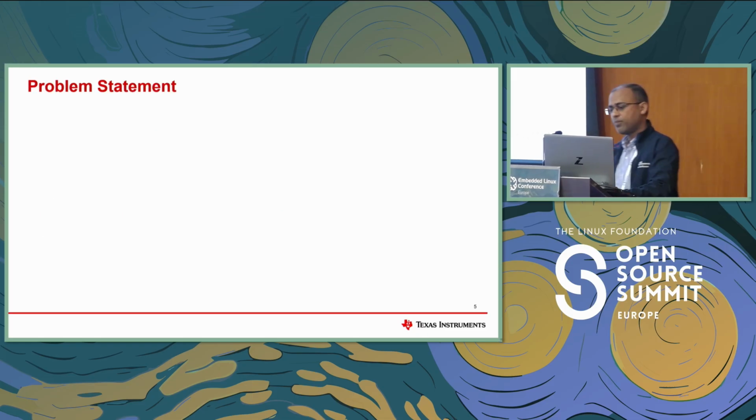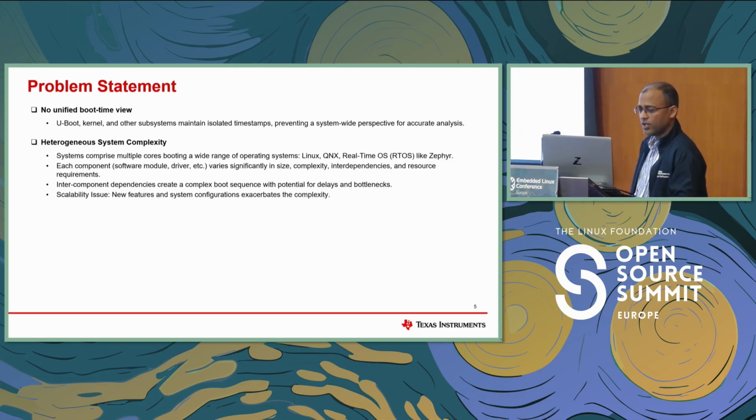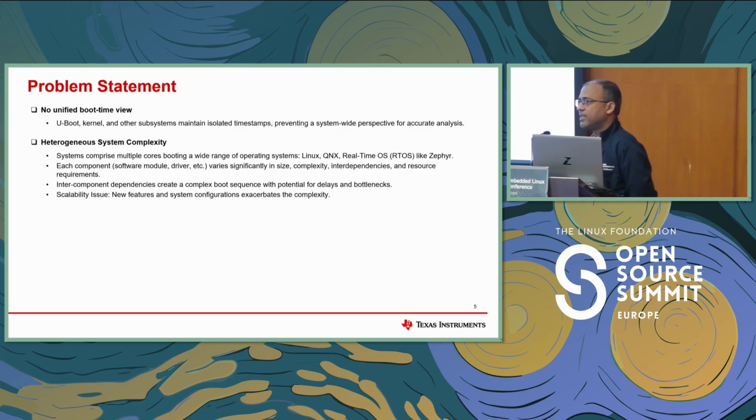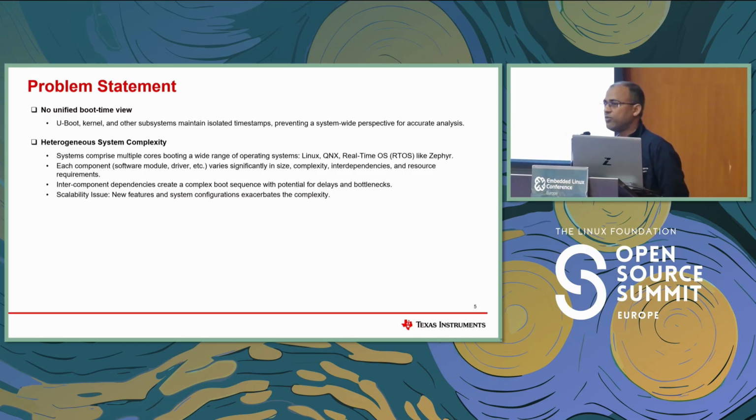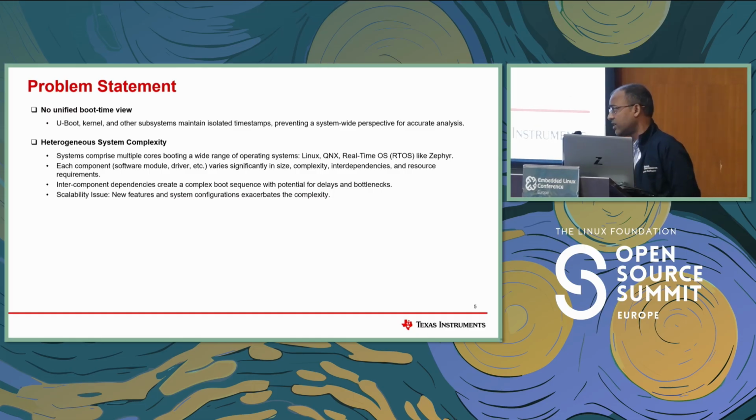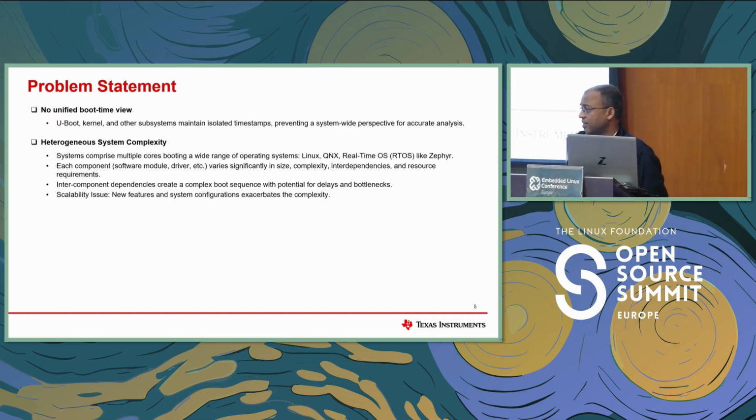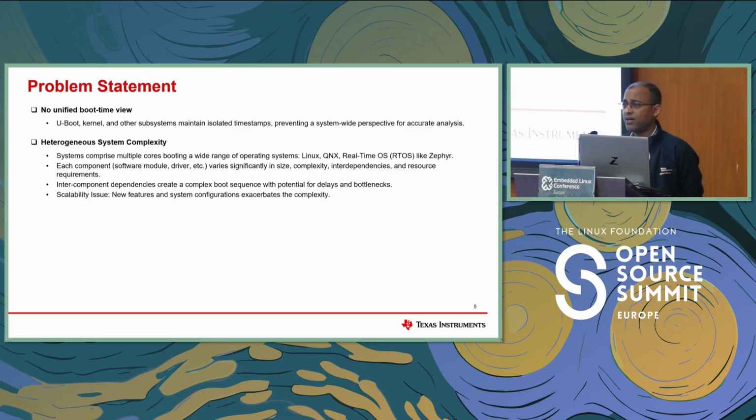Let's start with the problem statement. The first thing, as I said, is that there is no unified boot time view for your system. When you start your system, your SPL and bootloaders have their own timestamping method, which is not in line with the kernel timestamps you see. At the same time, different subsystems like MCUs or DSPs have their own timestamps for their boot logs and boot stages.